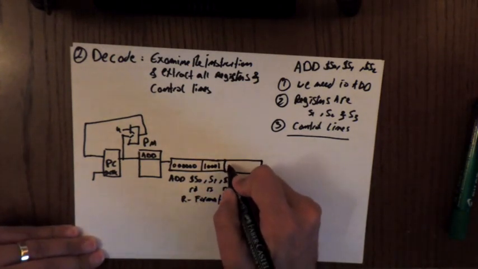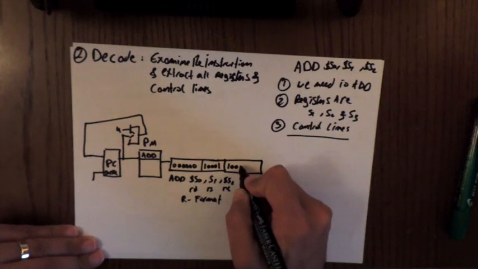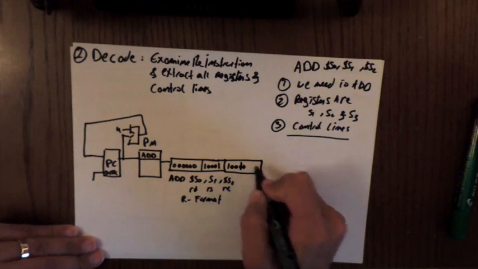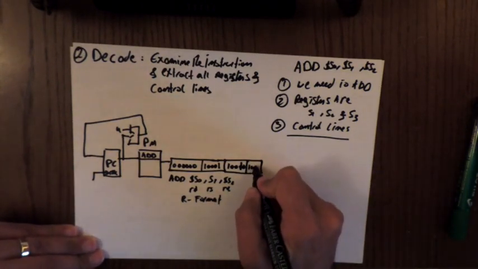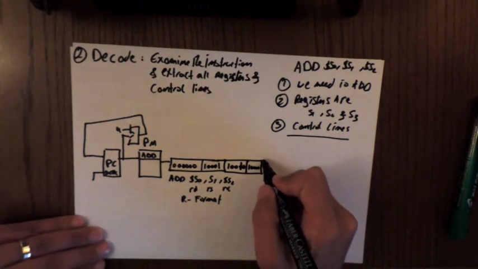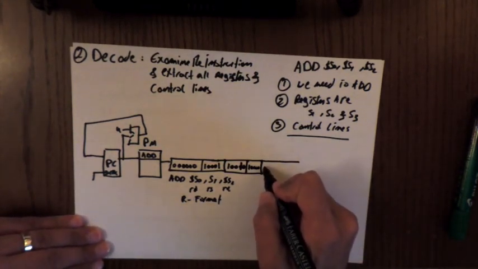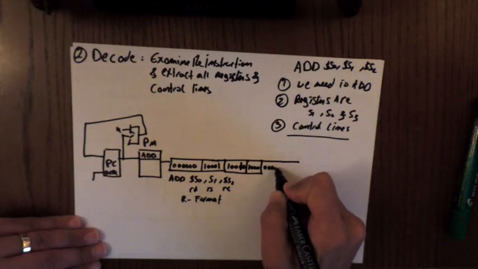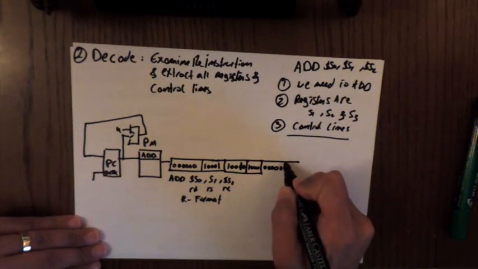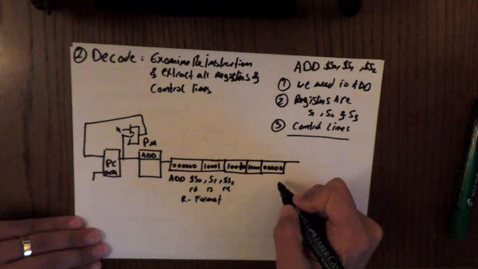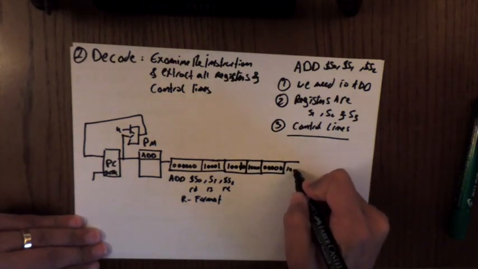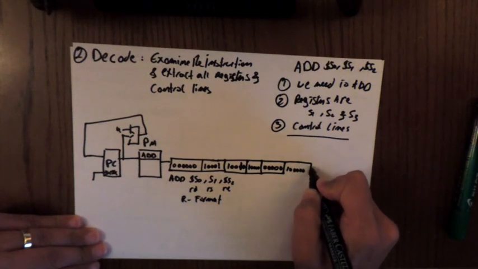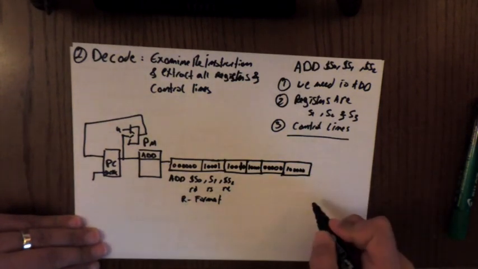And then S2, which is 18, and S0 which is 16. Then I have the shamt, which will be 5 zeros. Then the function for the add will be 20 hex, which is 100000. So this is the add in binary.